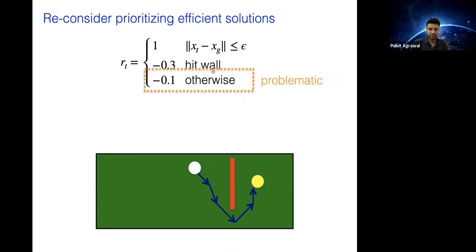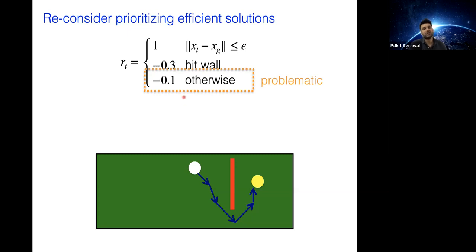The other thing to consider is, why was this choice of reward function leading to hacking? It was because this term, like minus 0.1, that you're giving every time step made going to this part of the arena or the environment less conducive than just going and hitting the ball in one time step.